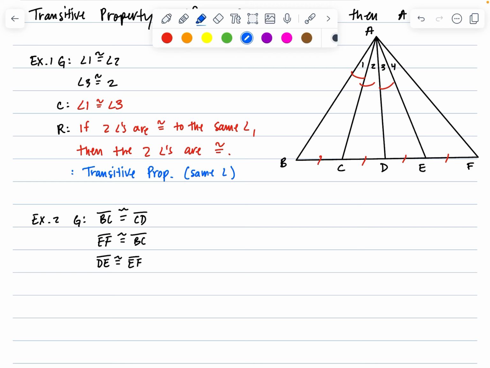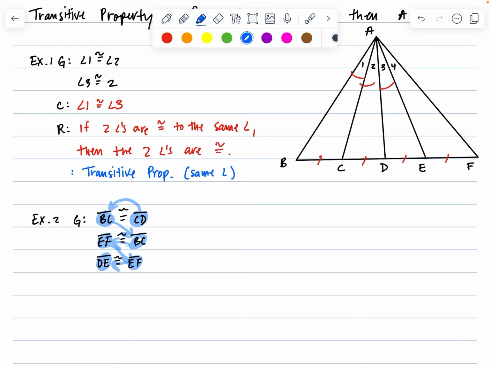Remember, this is like connecting the dots. Starting with CD, we go to BC. So this one's a little bit weird because BC travels to here. BC connects to, or is congruent to, EF. EF is connected to this EF, which transfers its congruency to DE.